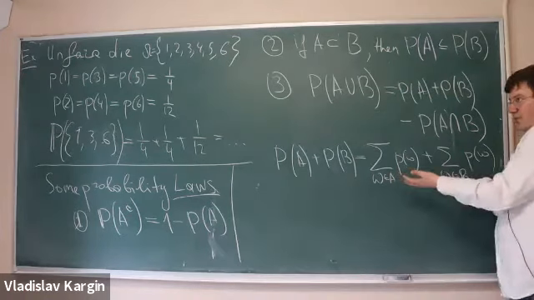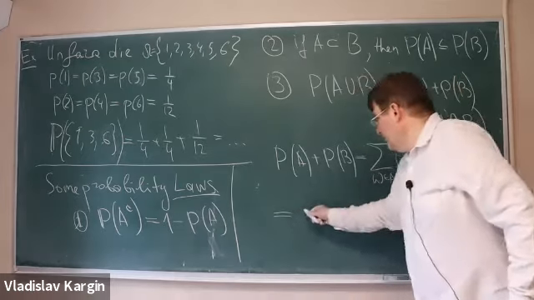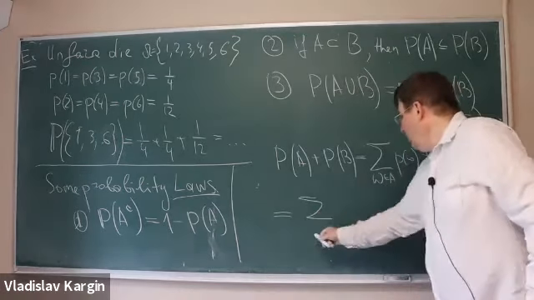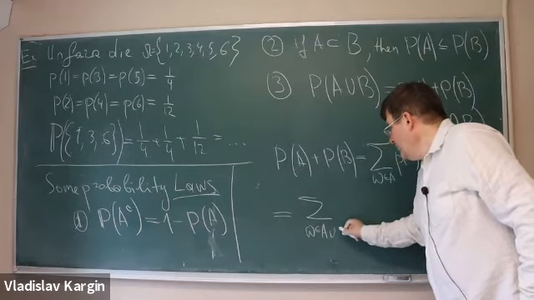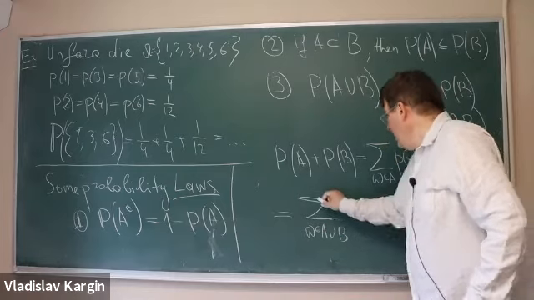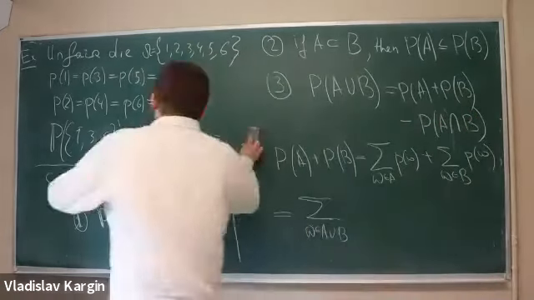After that, this is equal to the sum over omega belonging to the union A union B. Here it may be a good thing to draw a picture.